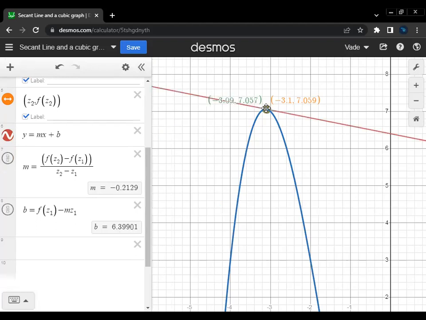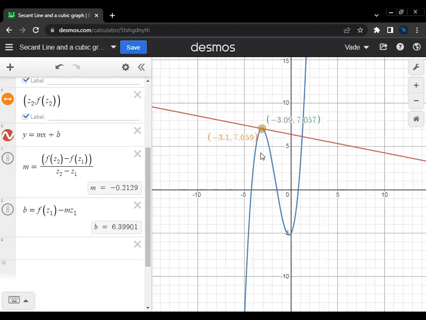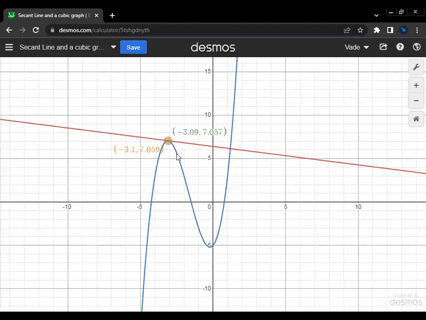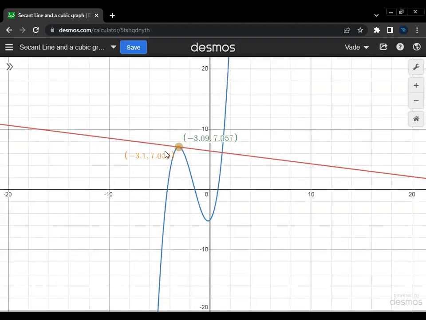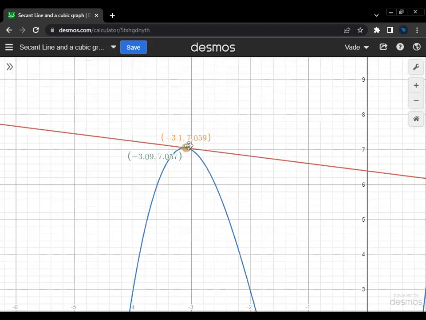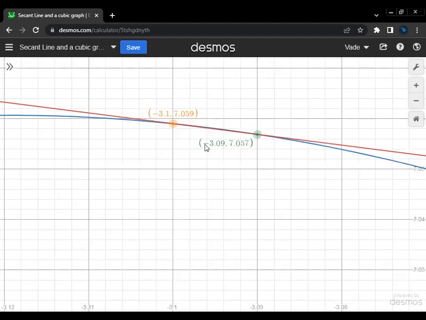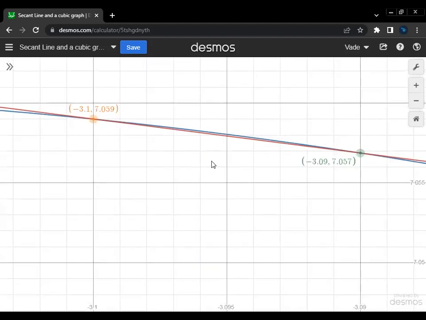But if we make them as close to each other as we can, to the point that when we zoom out it looks like a tangent line, intersecting at one point, but in reality they are just this far apart, then we can get the slope.